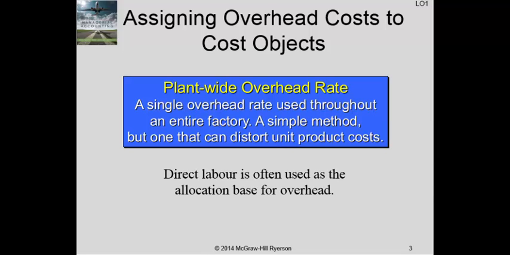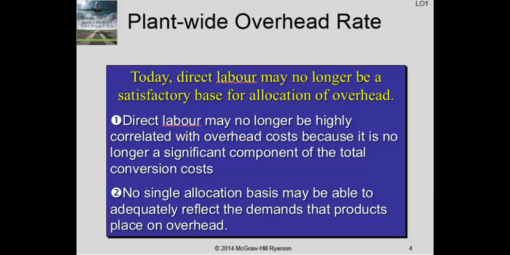So historically, plant-wide overhead rate, single rate used, and frequently direct labor was the allocation base for that, again, historically. So a couple things. Obviously, with increased automation, direct labor may not be an appropriate base to allocate overhead anymore. And it may be that there isn't any one single method.